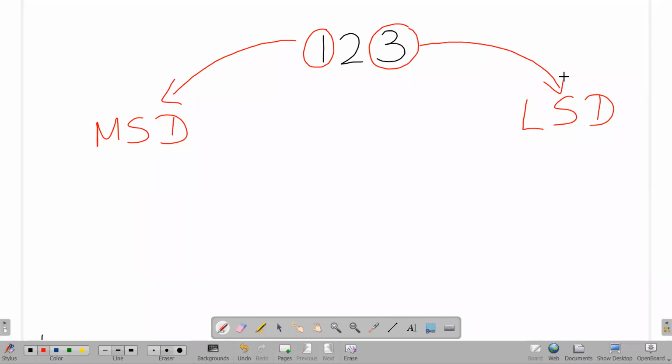When it comes to whole numbers, which do not have floating point values or decimal points, the most significant digit will be the leftmost value which is not a 0. So in 123, 1 is going to be the most significant digit.